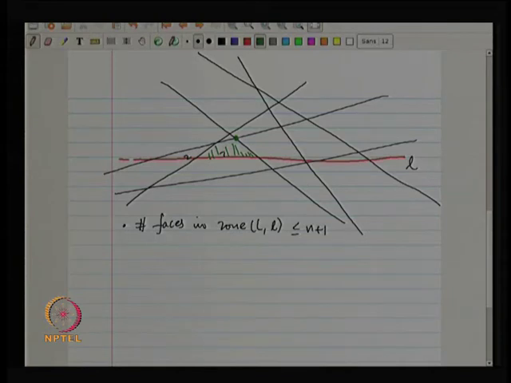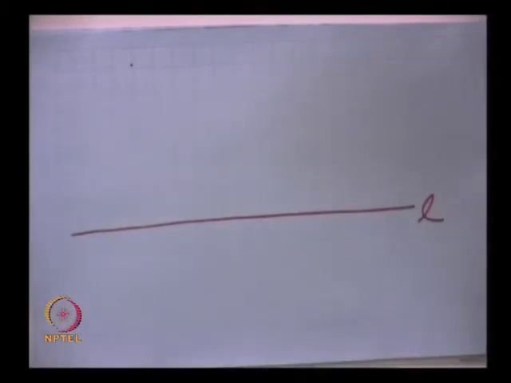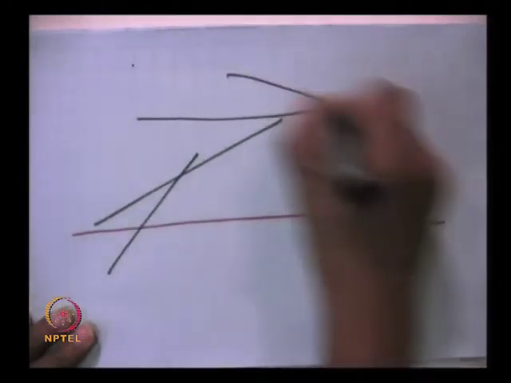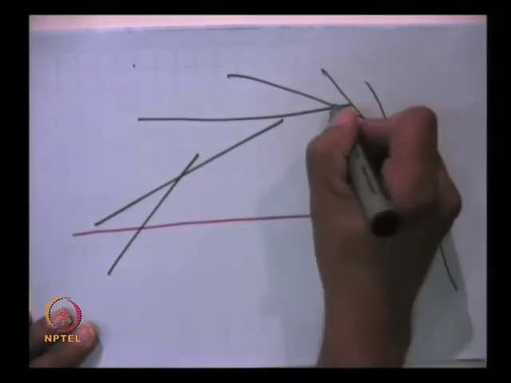If you look at the portion of the face that lies above the line, the topmost vertex divides the boundary of this face into two parts. What I mean is the following. Here is your line L, whose zone you are looking at, and let us look at a complicated face. This is the topmost vertex.